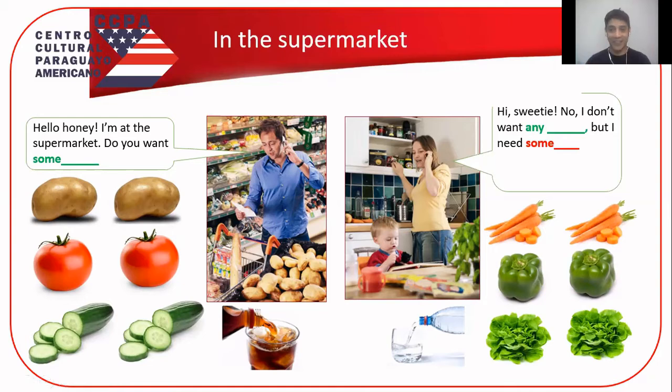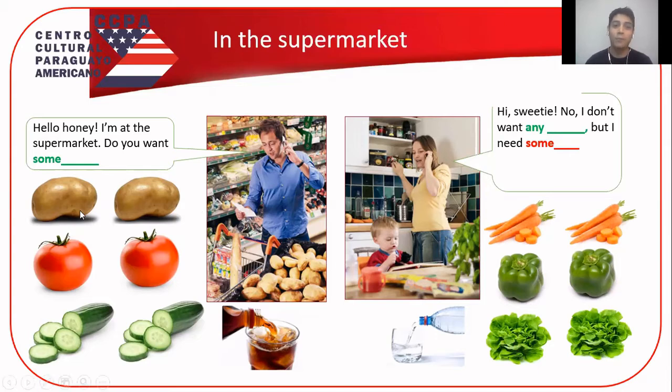Yes? So again, when you have the word want, we use some with plural nouns. I mean, the plural nouns are always countable, right? As you can see, potato is countable, tomato is countable, cucumber is countable, carrots are countable, bell peppers are countable, but soda, water, and lettuce are uncountable, okay?